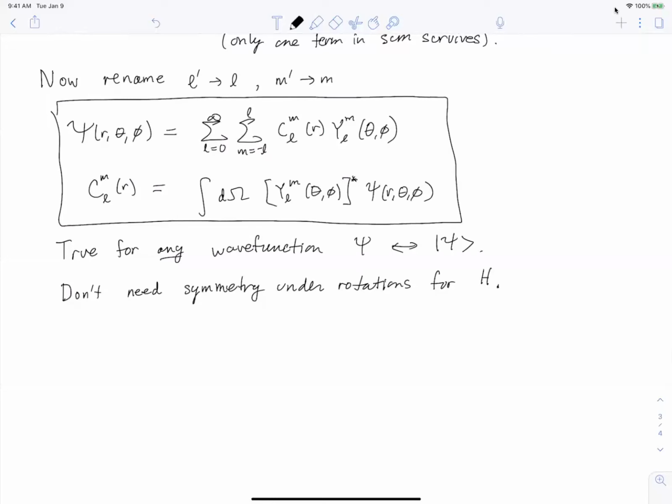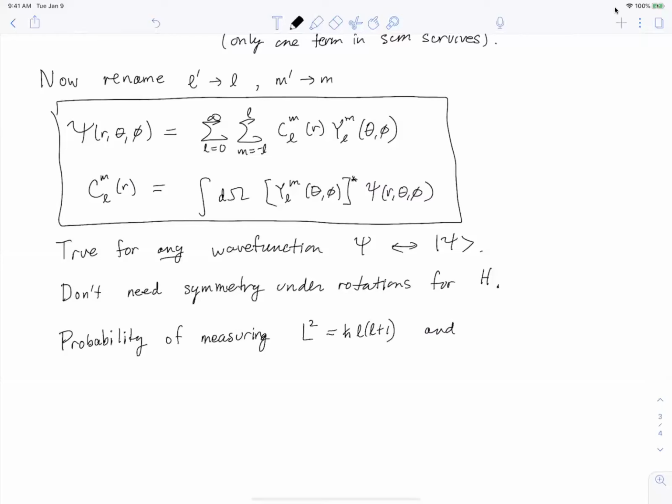Okay, but in any case, suppose you've done this for any wave function. Now you can ask questions like, what's the probability of measuring angular momentum? So in particular, I could measure L squared, which could give me these possible values.